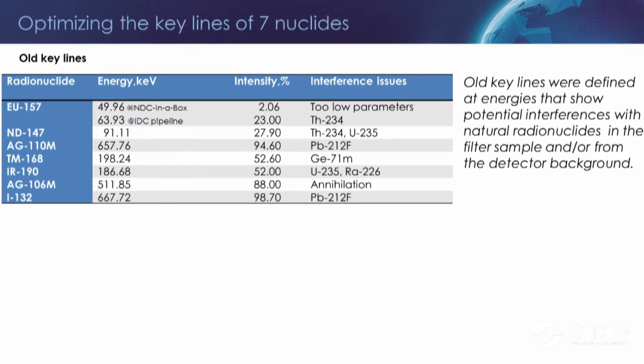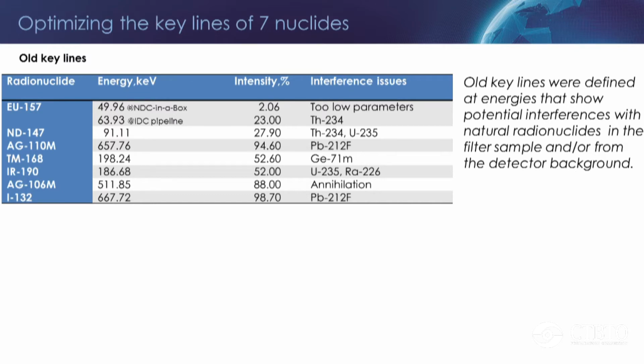This is, for instance, the way the radionuclide library has been updated for those major nuclides in terms of key lines. The old way those key lines were identified was to just use the most intense line for each nuclide.